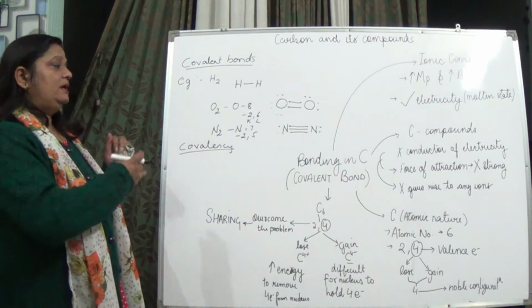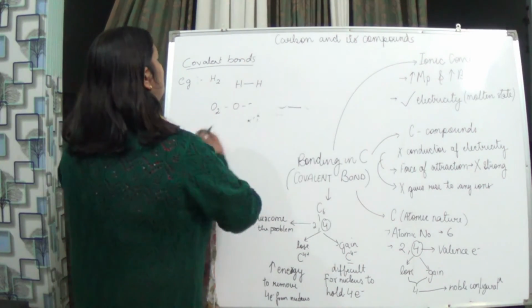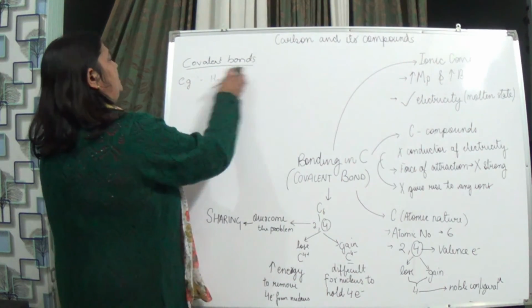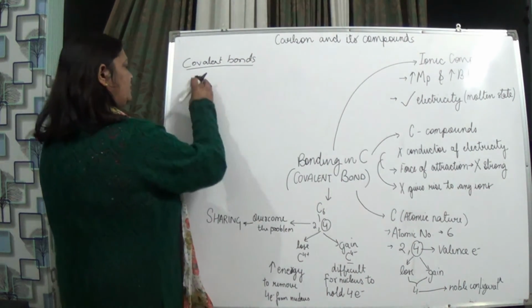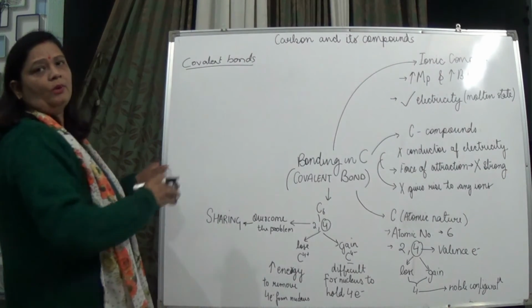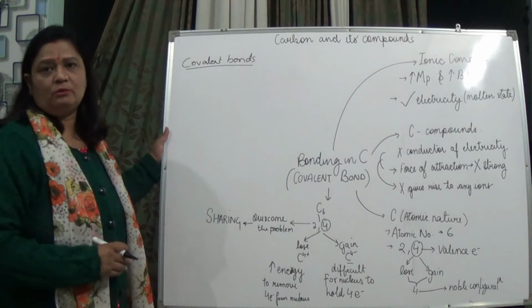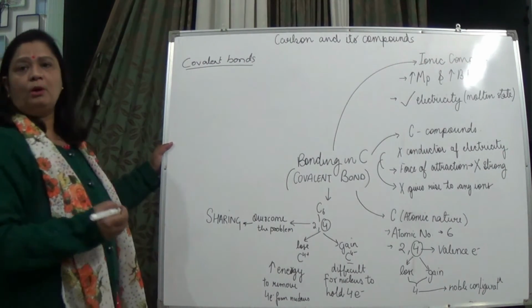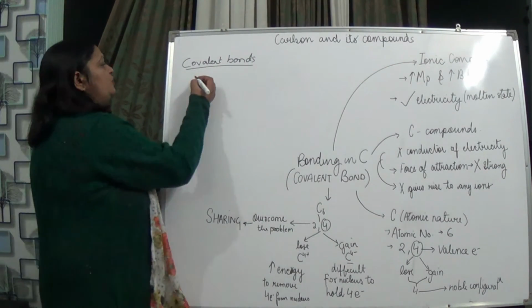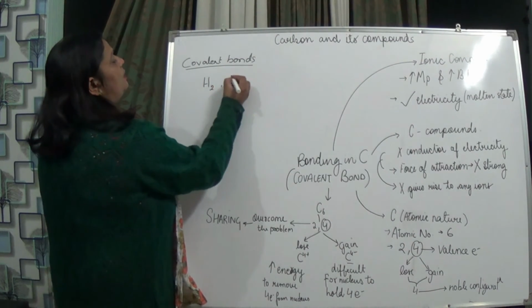Now next, when we talk about these covalent bonds, due to formation of these covalent bonds, the molecules may be heteroatomic covalent molecules or homoatomic covalent molecules. When we are talking about the homoatomic, homoatomic means same, so it will be H2, O2.